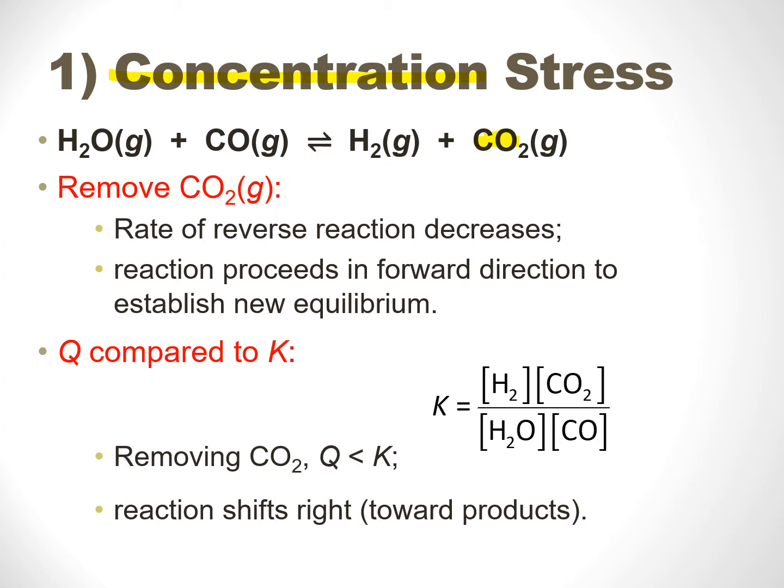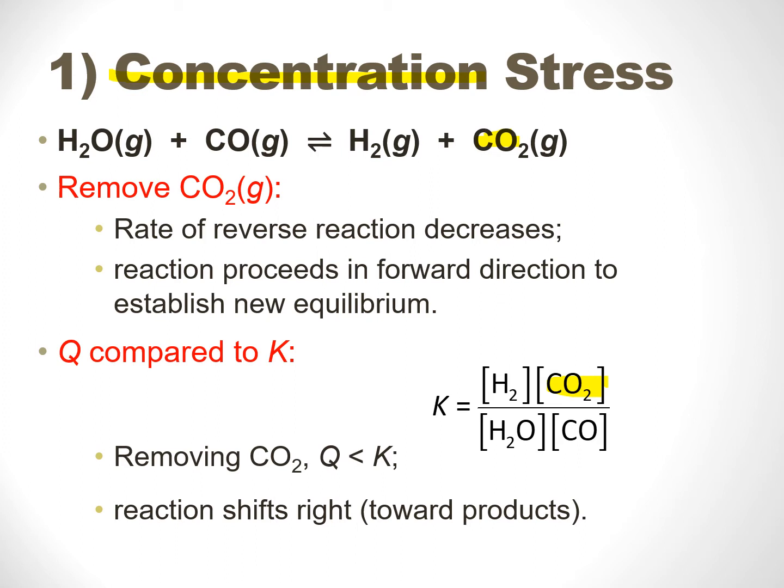Q is not going to be equal to K anymore. We always start with a situation where there is equilibrium. At equilibrium, Q and K are equal. If we subtract CO2, we are going to lower this number in this multiplication. So when you calculate Q using the very same formula, the value of Q is going to be smaller.